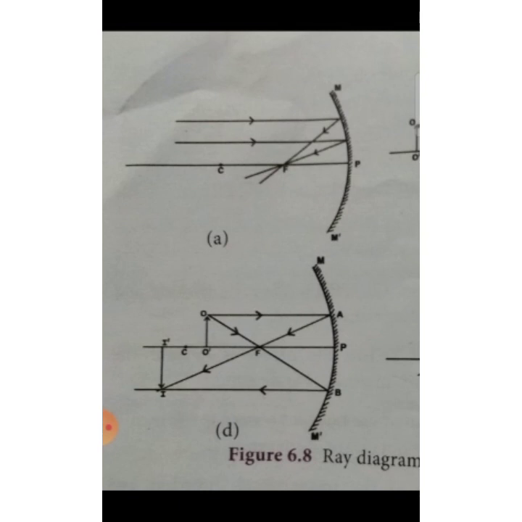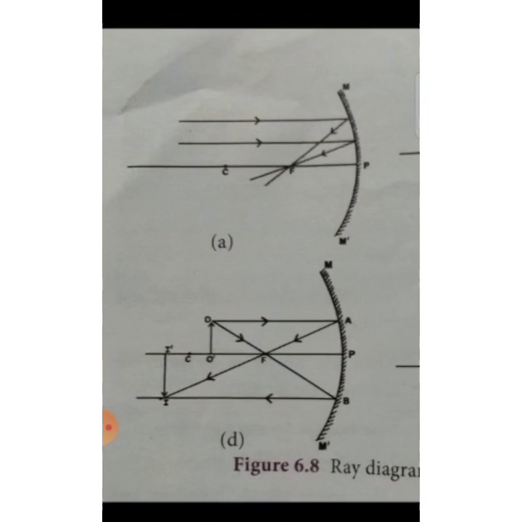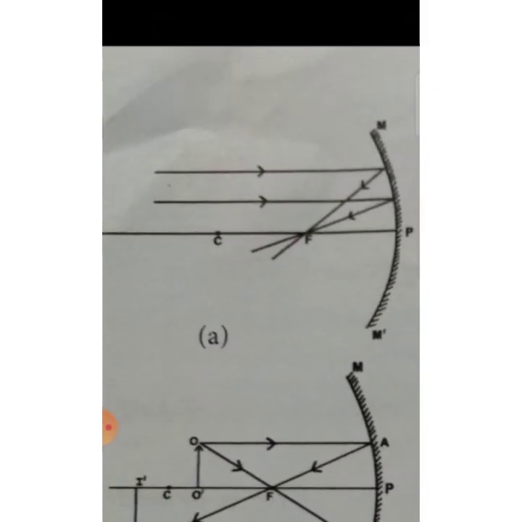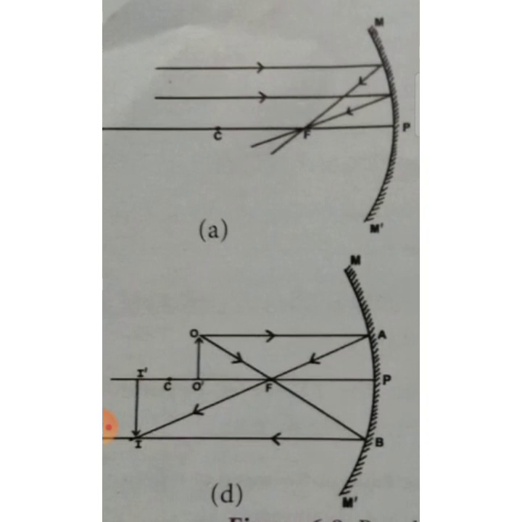Here, two rays from infinity, parallel to the principal axis, are incident on the concave mirror, get reflected back and meet at the point F. The image forms at the place where the two rays meet. So what is the position of the image? The position of the image is at the principal focus.